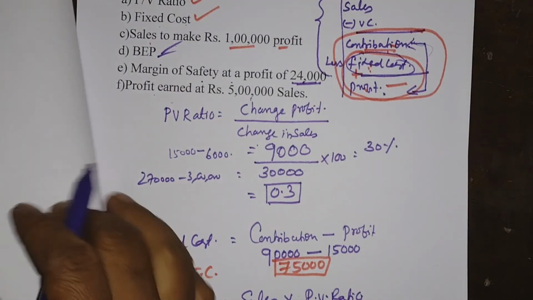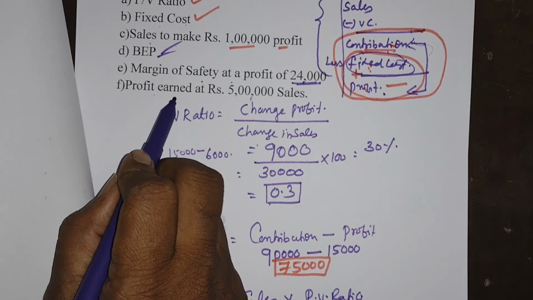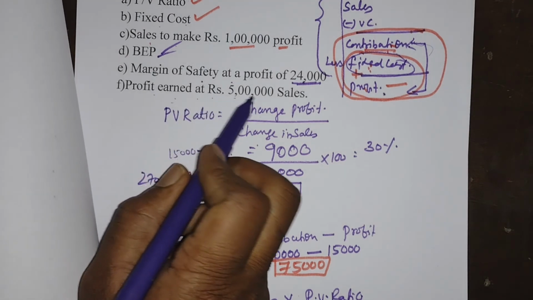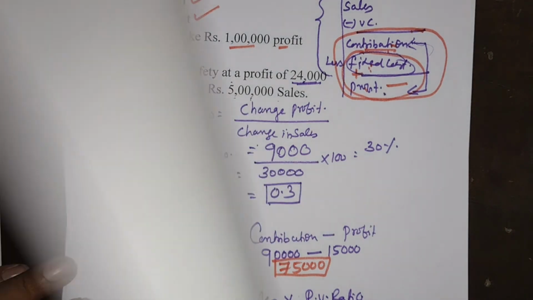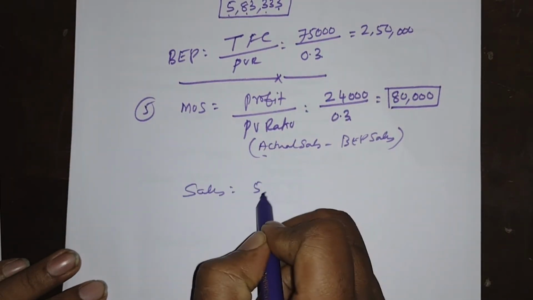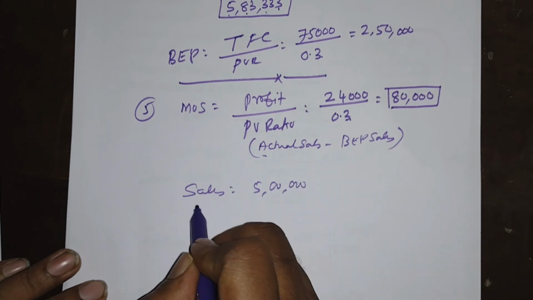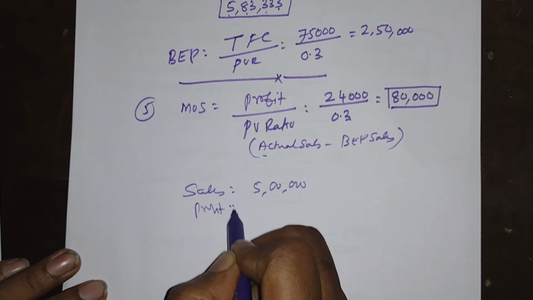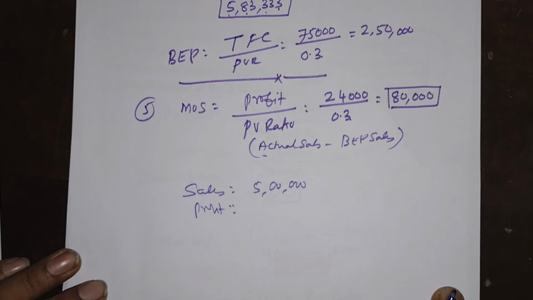And the sixth one, they are asking for profit earned at rupees 5 lakh sales. It means, when the sales is 5 lakhs, what is the profit? Is it possible to calculate?